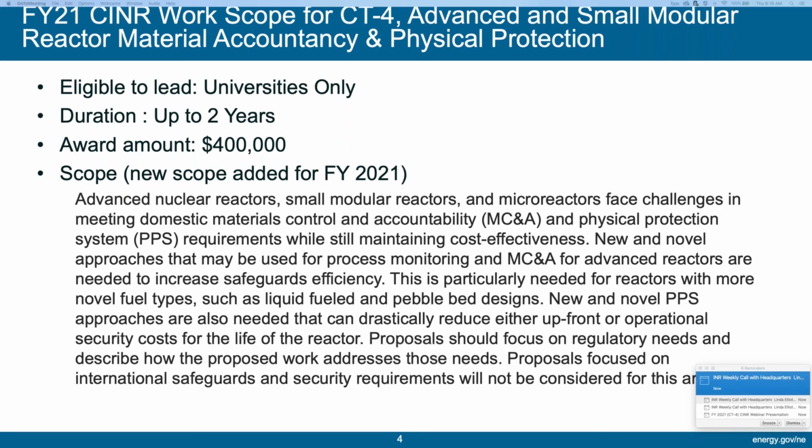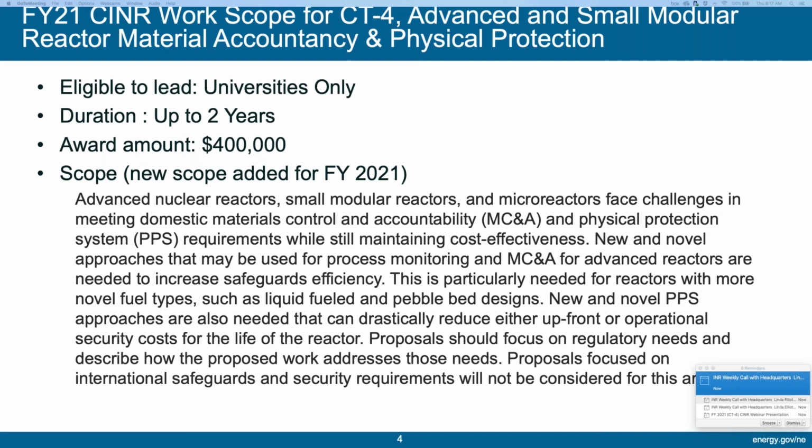So when you talk about advanced reactors, if you're looking at something that's more of a traditional fuel assembly, that could be a light water reactor type design, it could be even a sodium reactor type of design. When you have the discrete fuel assemblies, you're probably more likely to fall into that existing MCNA approach. As you move towards the more novel fuel types, like pebble beds or the liquid fueled reactors, increasingly different approaches are needed.